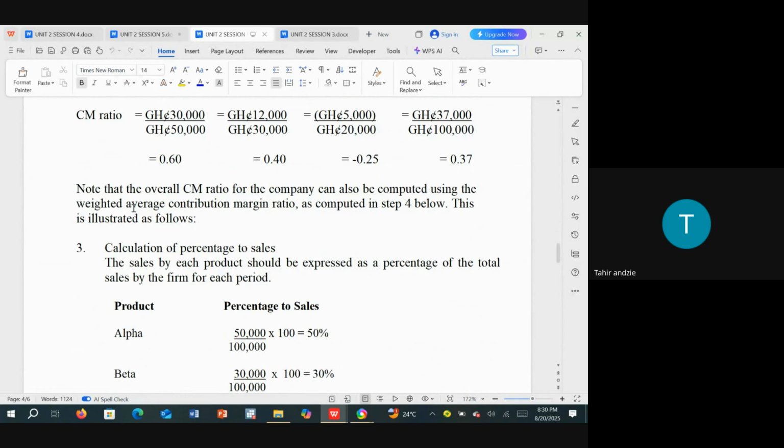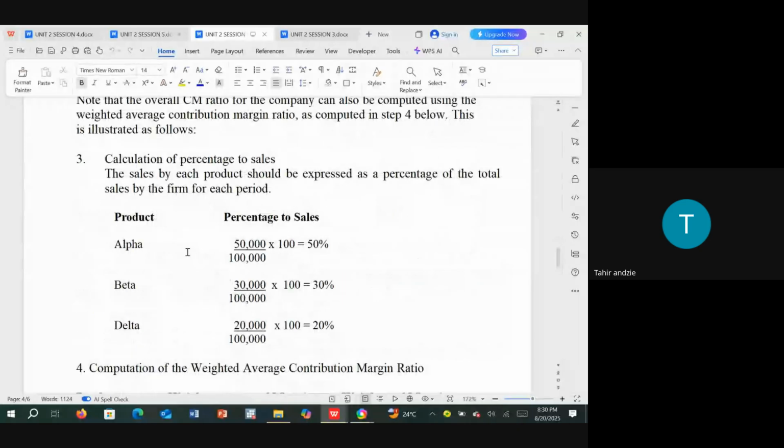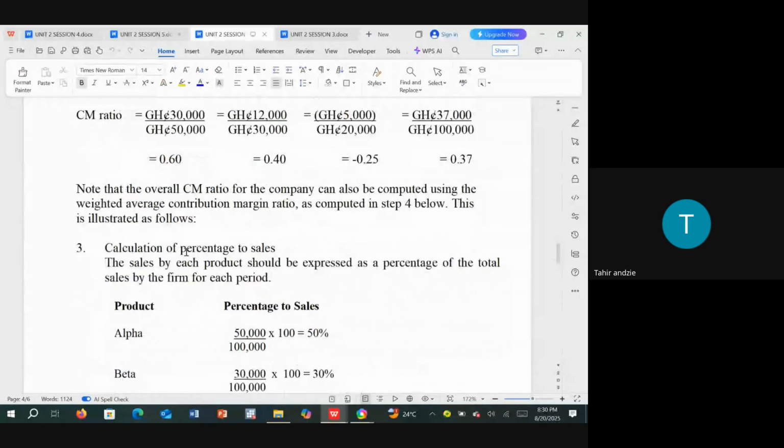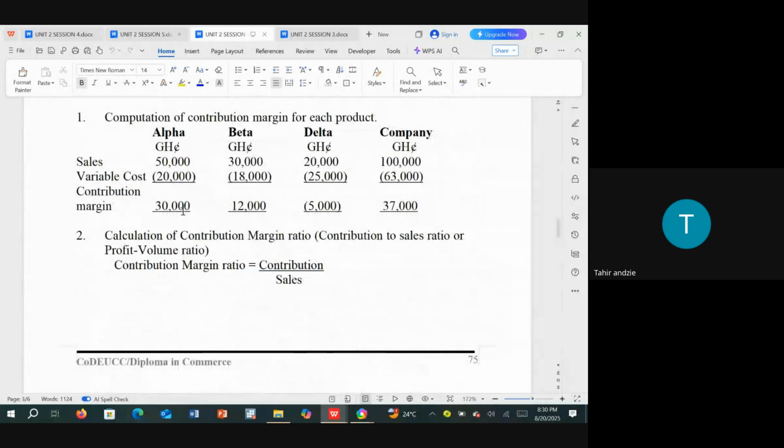Okay, so now the third step is to calculate the percentage of sales for each product. So in the product, we have the total sales being 100,000. Alpha is 50,000, beta is 30,000, and delta is 20,000.